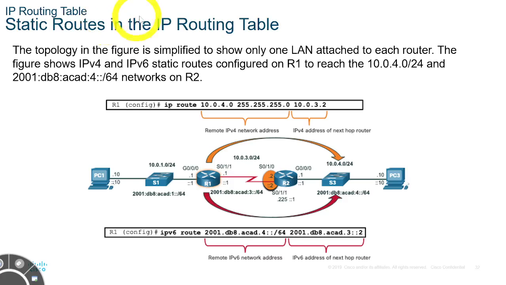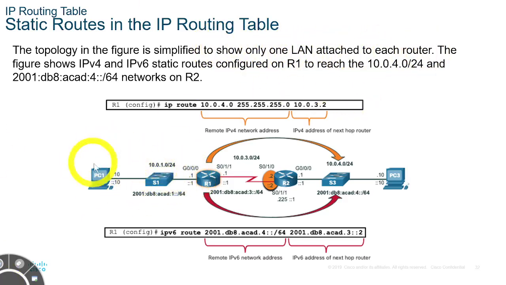So, static routes in the IP routing table. How can we do routing configurations using static routes? This topology is simplified to show only one LAN attached to each router.